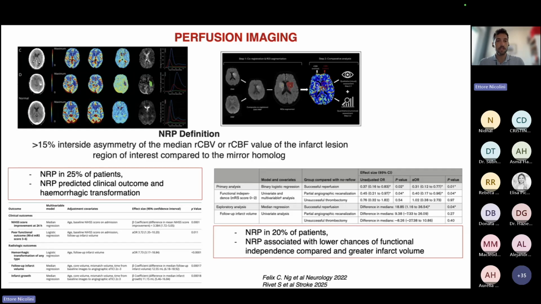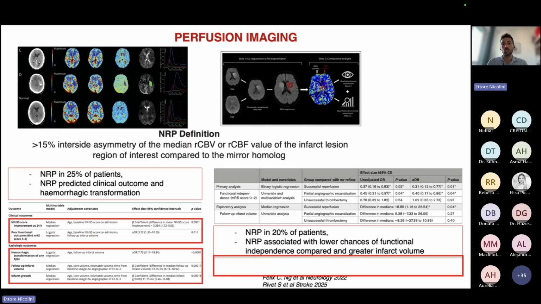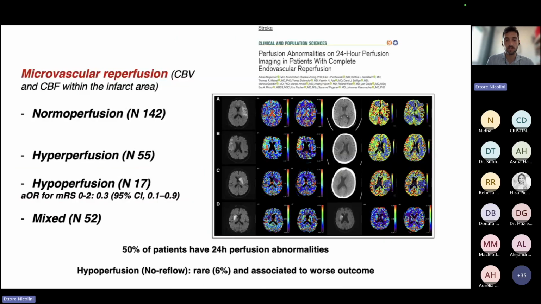With this definition, no-reflow phenomenon was detected in the first study in 25% of patients, and in the validation study in 20% of patients. Most interestingly, this definition of no-reflow phenomenon predicted both futile recanalization, so the poor functional outcome at 90 days, as well as hemorrhagic transformation in both studies.